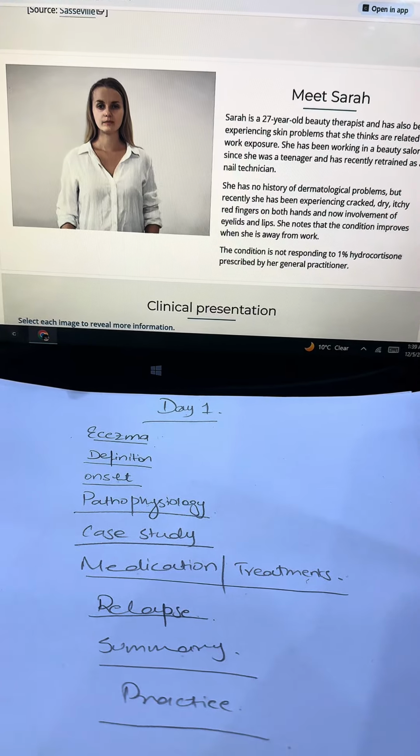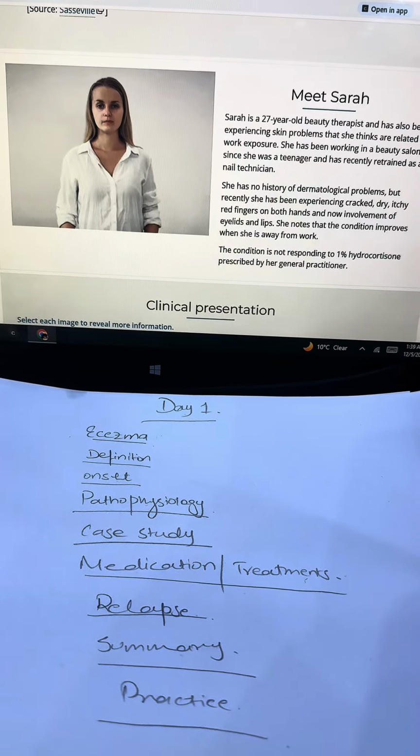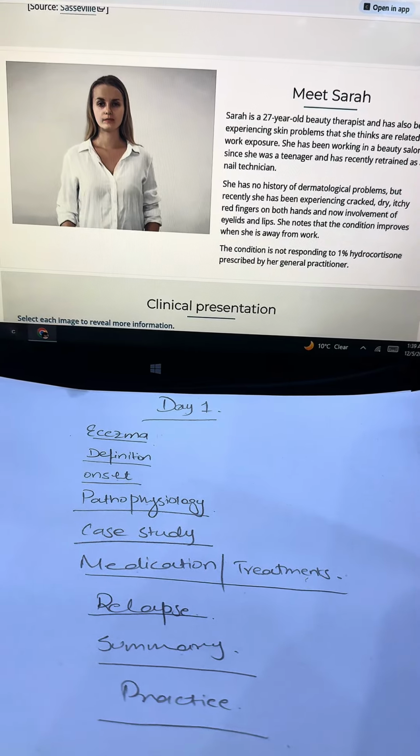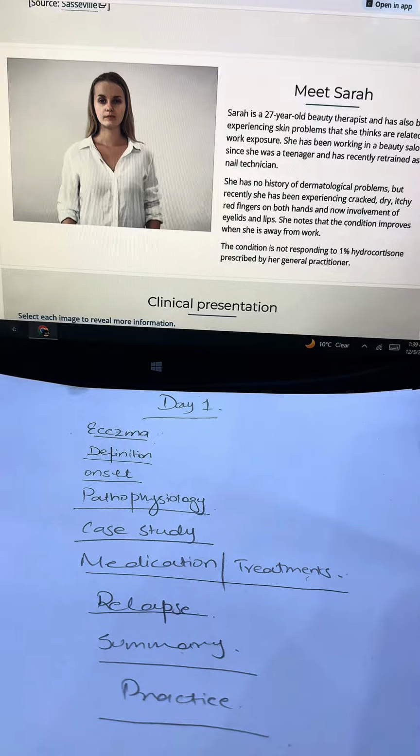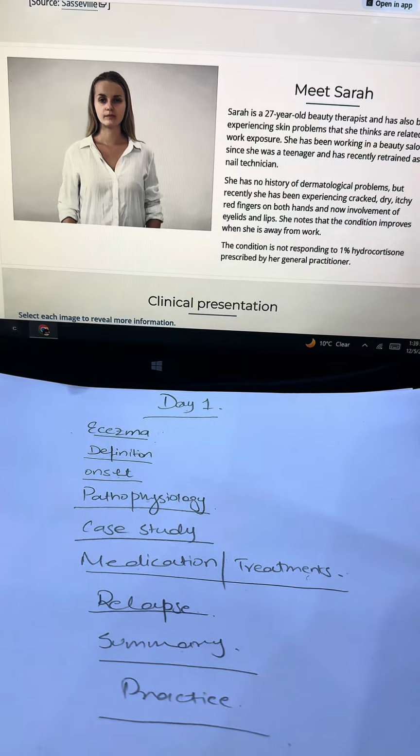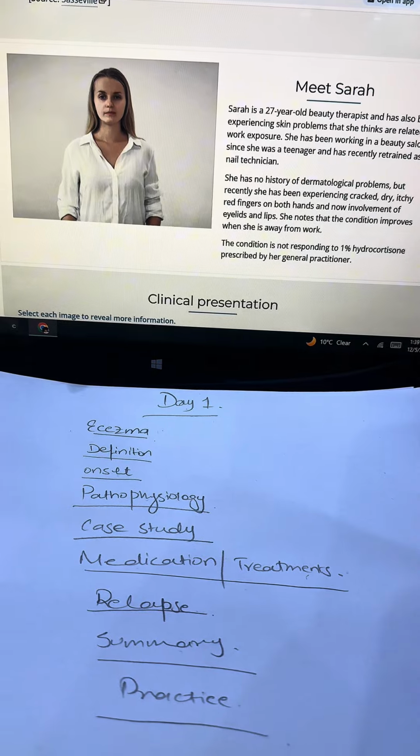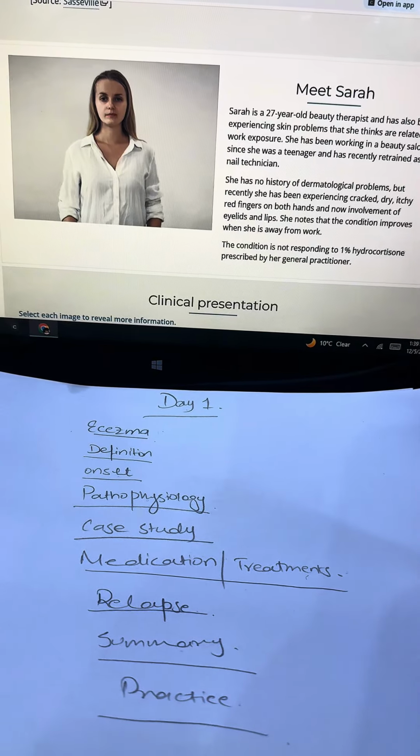Meet Sarah. Sarah is a 24-year-old beauty therapist and has also been experiencing skin problems that she thinks are related to work exposure. She has been working in a beauty salon since she was a teenager and has recently retrained as a nail technician. Okay.